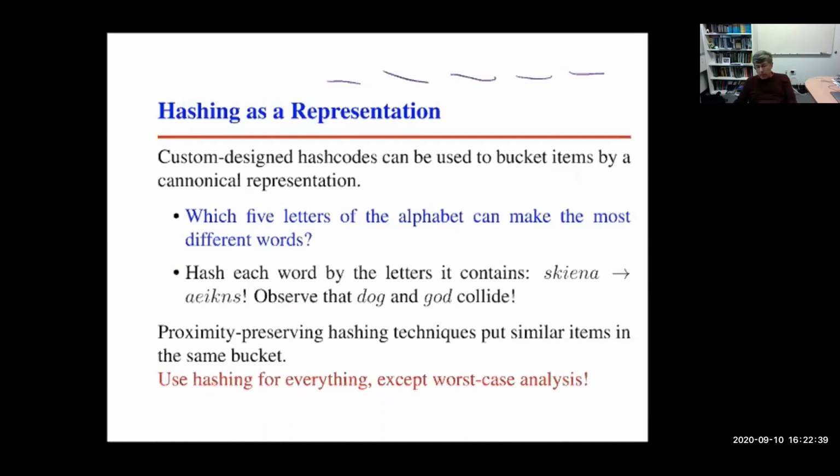Well, one thing I could do is compare every string against everything else, but that's expensive. What I could do is take every string and rearrange the letters into a canonical order, let's say by sorting them. Now, two words that are anagrams will have the same code.